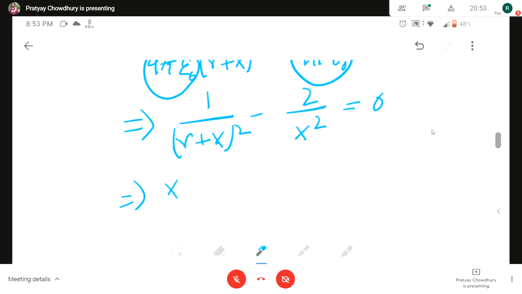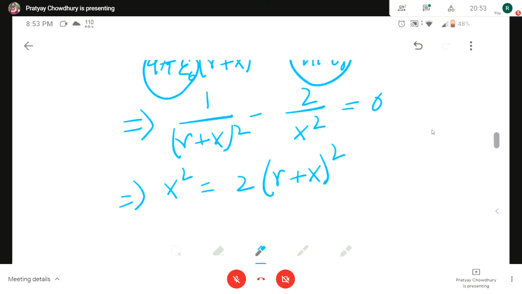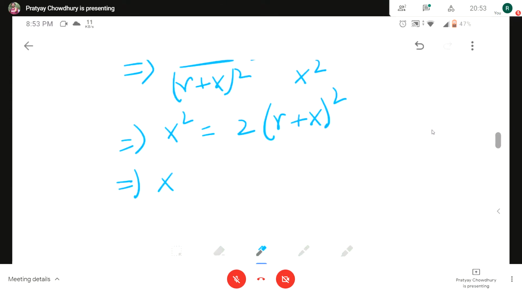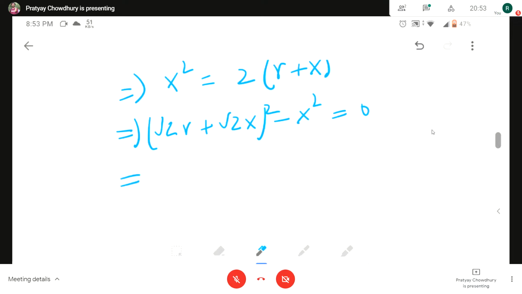So it comes out to be x square is equal to 2 into (r plus x) whole square, and sorry, (root 2 r plus root 2 x) whole square minus x square is equal to 0. And this is a square minus b square form.